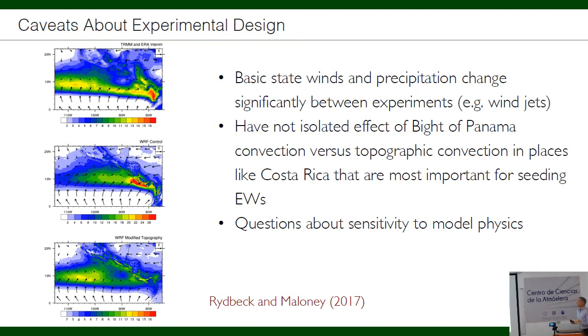So you could argue that we haven't cleanly separated the effect of diurnal pulsing of convection from background wind changes caused by removing topography when isolating the effect on easterly waves. And so that's one thing we want to address.